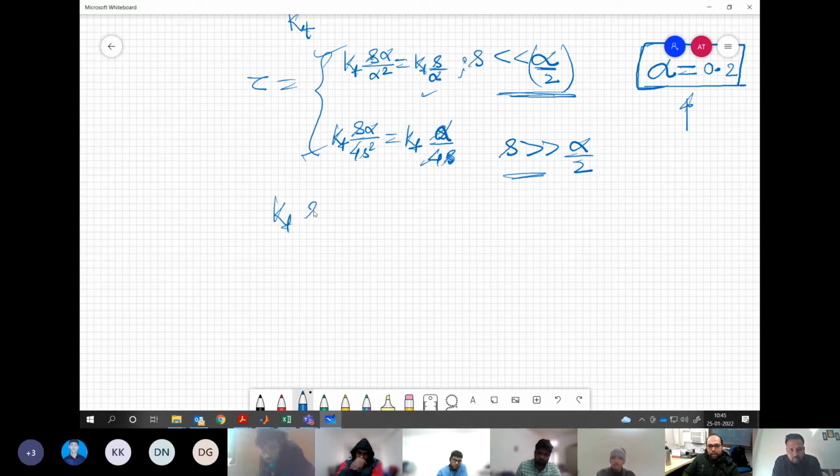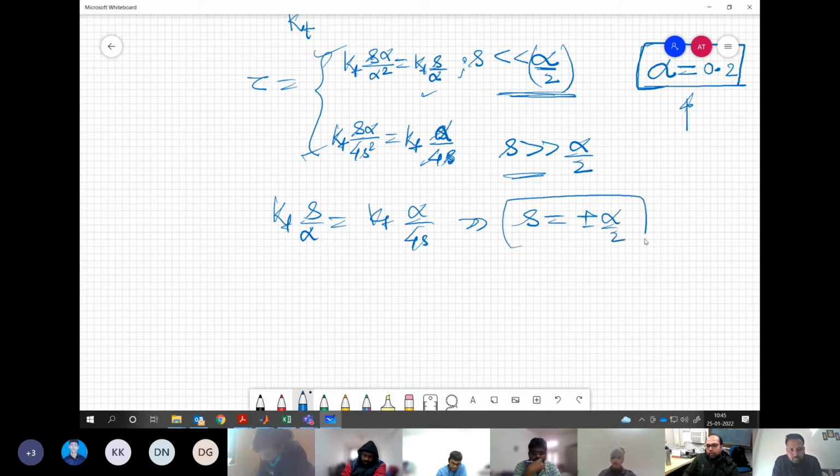So you can say kt S by alpha equals kt alpha by 4S. At this S, both curves will meet. If you compute, this will come out to be plus minus alpha by 2. At this point, the line and this hyperbola will meet. Clear? That will be the intersection point of these two curves.